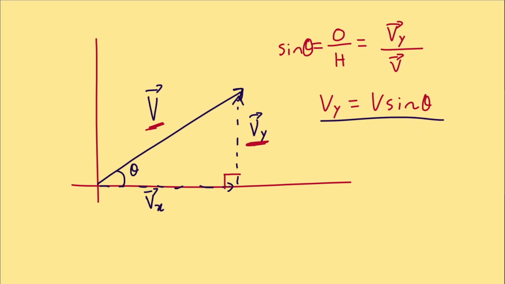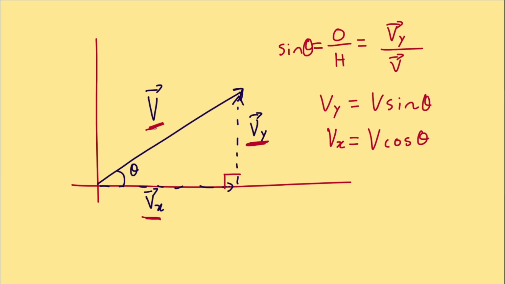This is the formula for the y component. If you do the same thing with the x component and use cosine, because remember, adjacent over hypotenuse, you get vx equals v cosine theta. So these are the formulas for the magnitude of the x and y components of vector v.